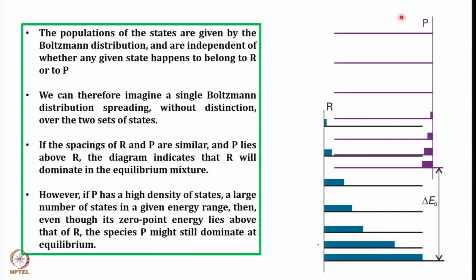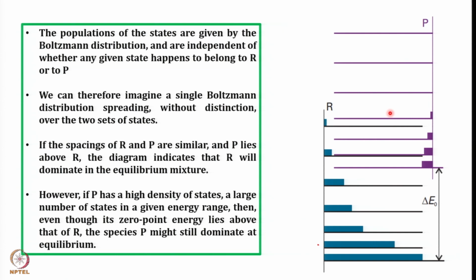And then if I replace P by a product P representing a very large number of states, in that case P can dominate in the mixture even though it is lying above R, as discussed earlier.